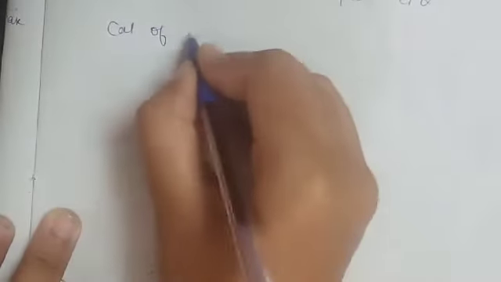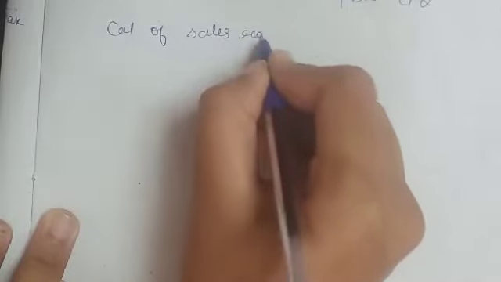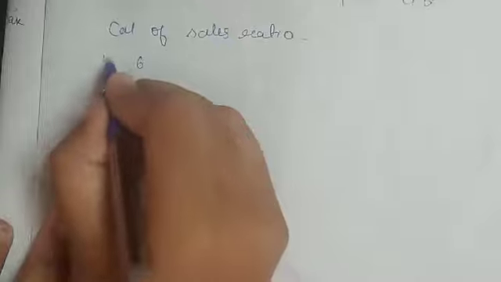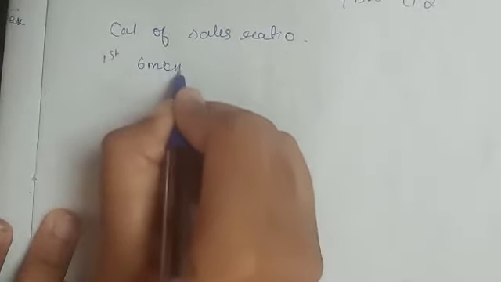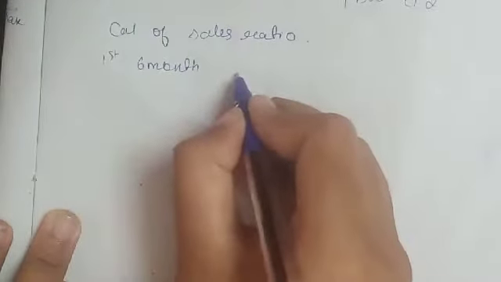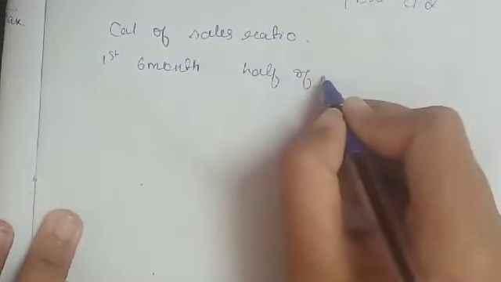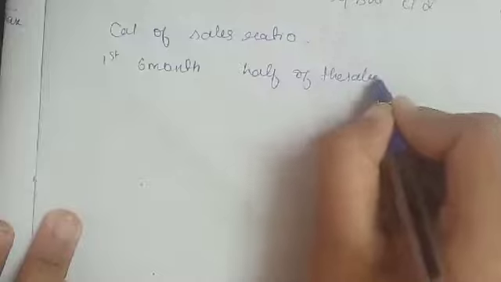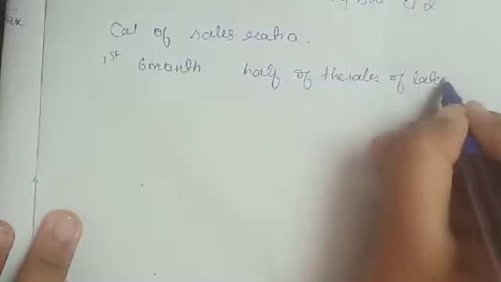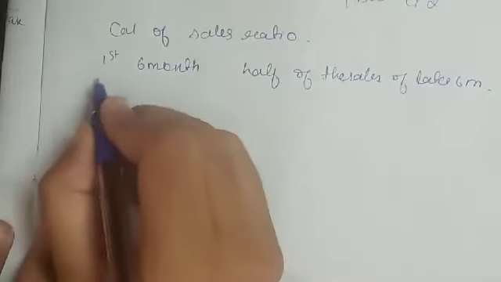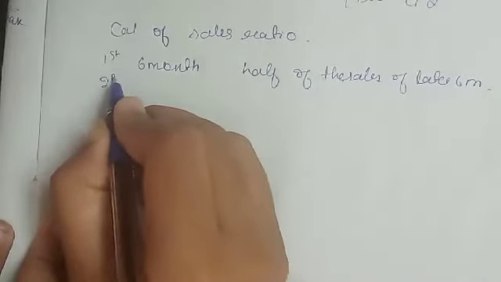Calculation of sales ratio. Now they have told that in the first 6 months they had half of the sales of the later 6 months.